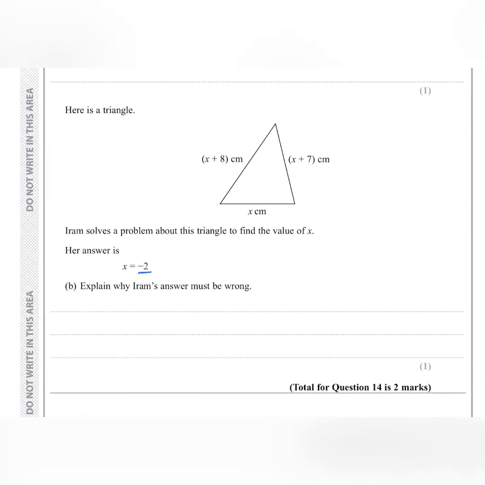Okay, so x is the length of this side, and it's -2. Well, the length cannot ever be a negative number because it wouldn't exist. So you can write down the length cannot be a negative number. Okay.